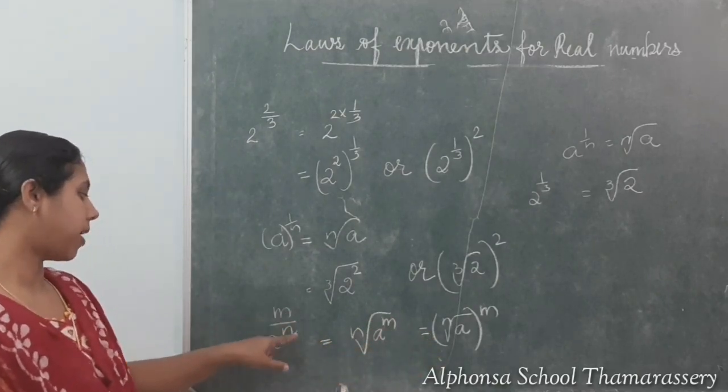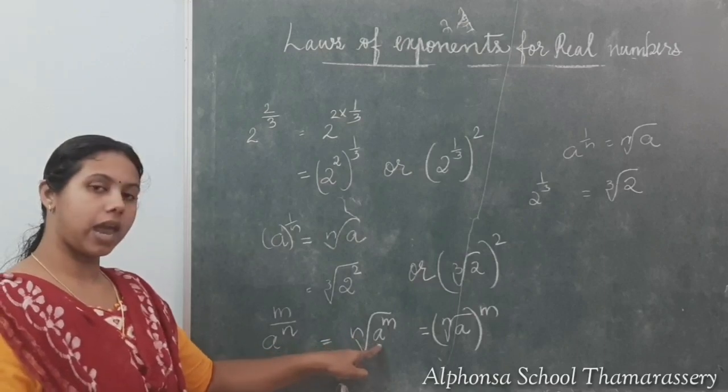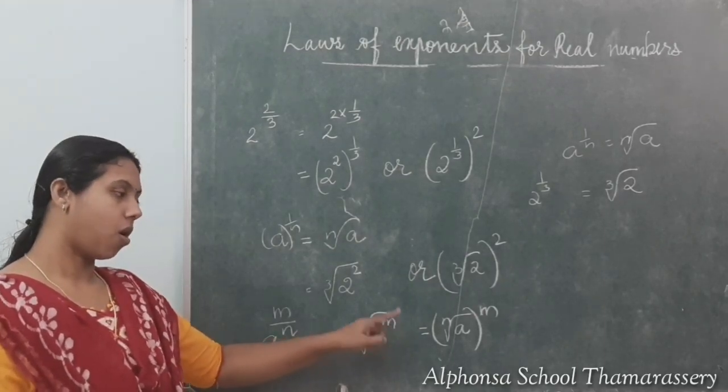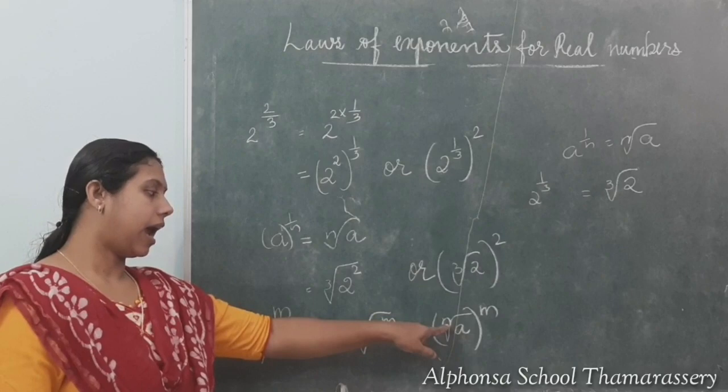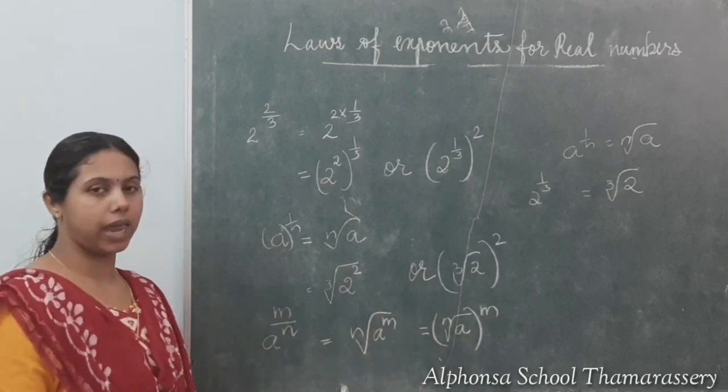A raised to M by N is equal to nth root of A raised to M, or nth root of A whole raised to M.